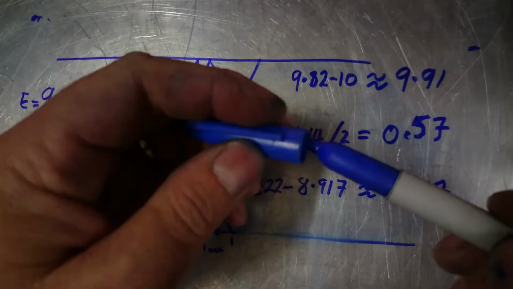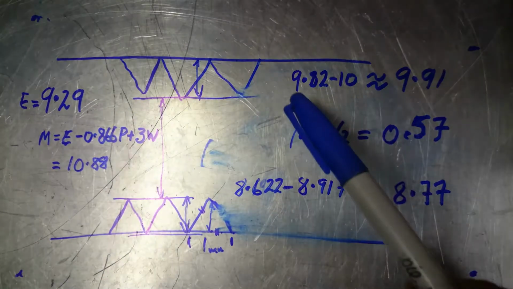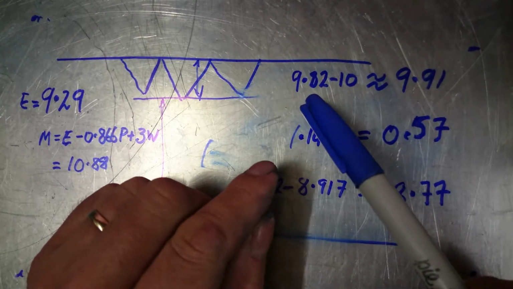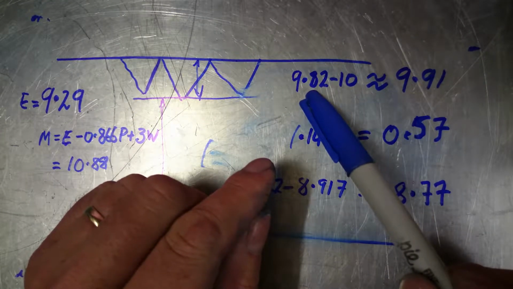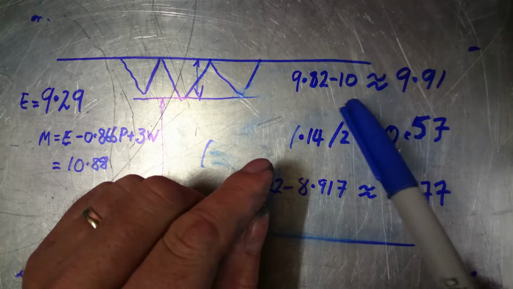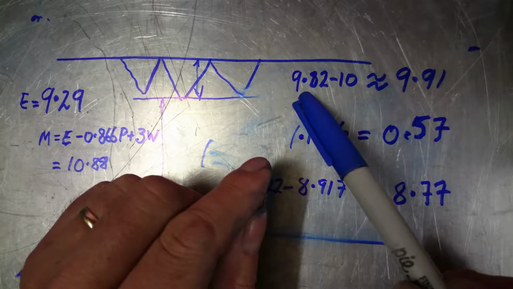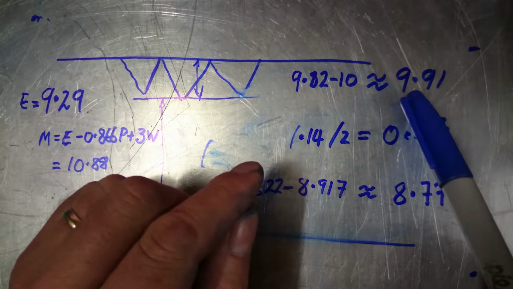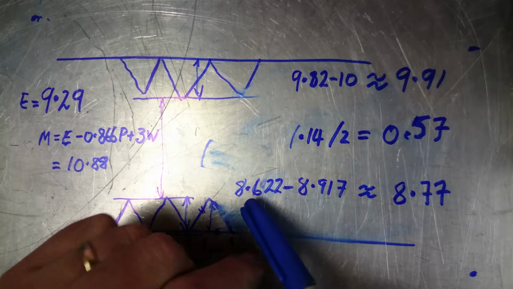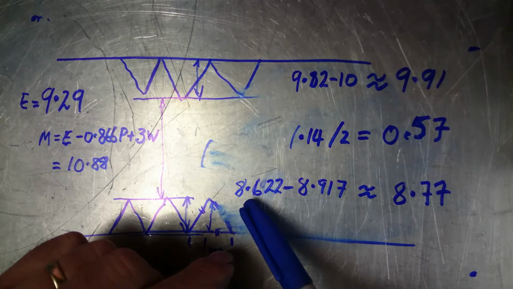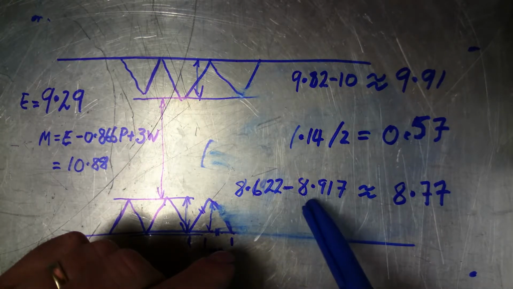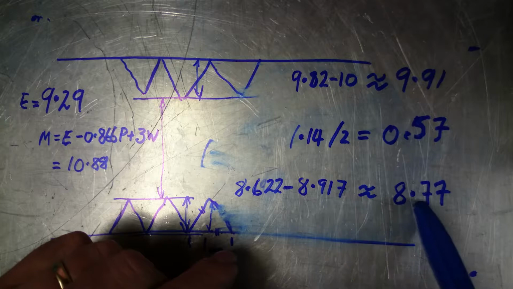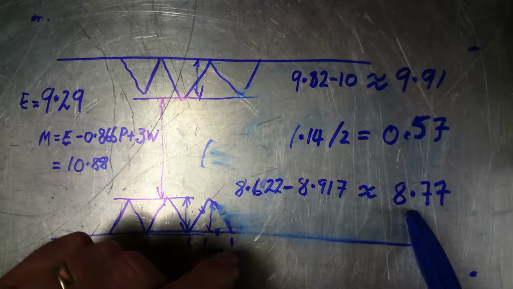Here are the figures from Machinery's Handbook. Now, Machinery's Handbook calls for the OD tolerance, major diameter, of an M10 by 1 thread to be 9.82 to 10 millimeters, and the average of that is 9.91. It also calls for the minor diameter to be somewhere between 8.622 and 8.917, of which the average is 8.77.